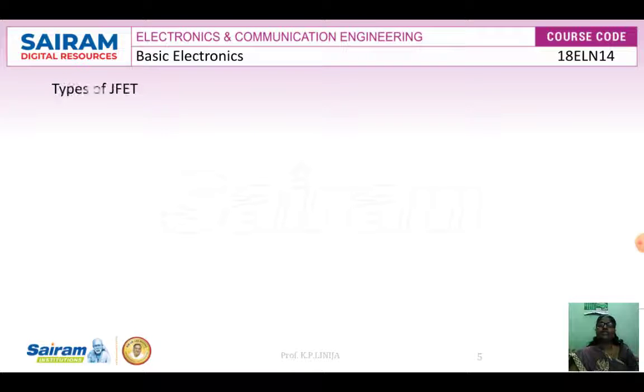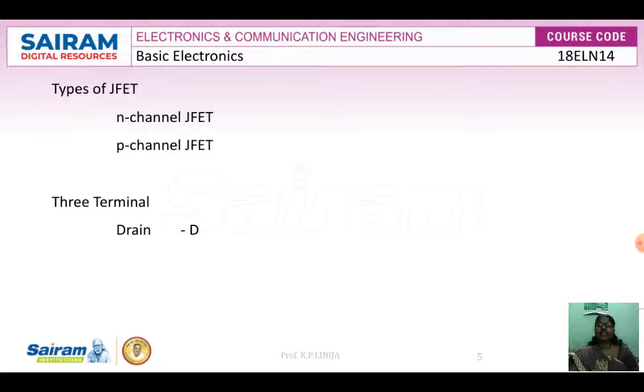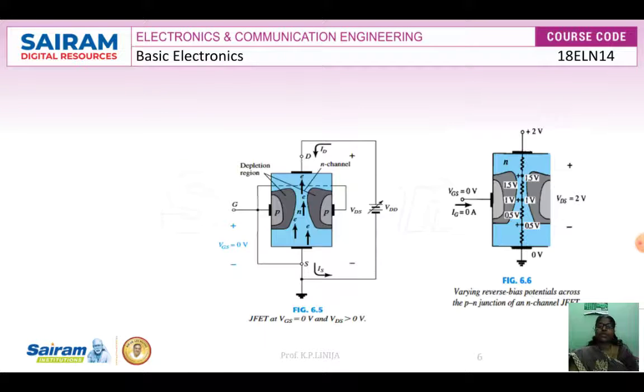Followed by this, let us discuss the types of JFET. There are two types: N channel JFET and P channel JFET. This JFET consists of three terminals: drain is represented by D, gate is represented by G, and source is represented by S. Now let us discuss the N channel JFET.